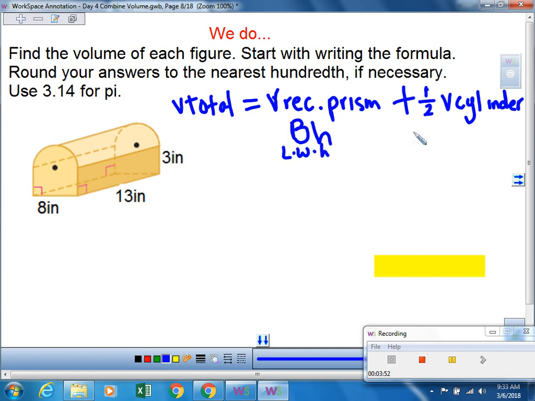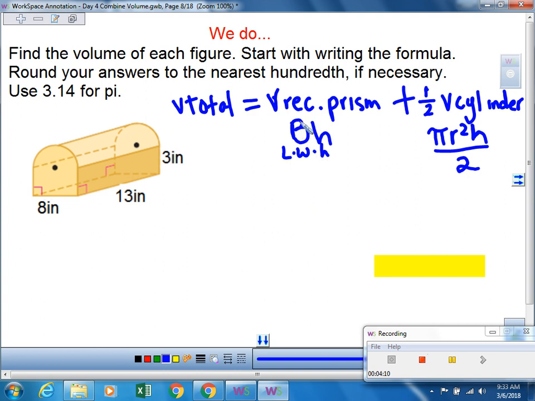And then we're going to add to that, what's the volume of a cylinder? What's the formula? Pi r squared h. And then at the end, we're just going to divide it by 2.